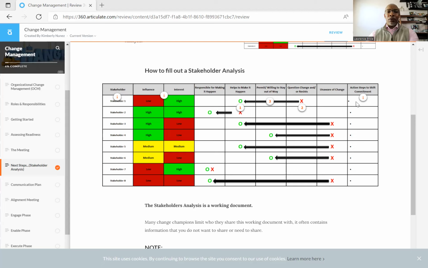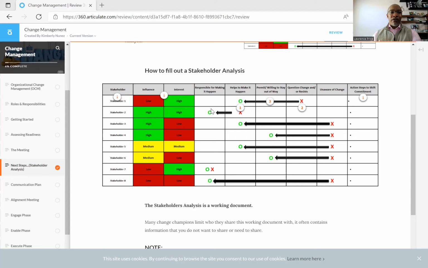A couple of things I want to highlight are possibilities that you might experience in the course of your projects. One is you may have some stakeholders that right off the bat are exactly where you need them to be. That's always a good thing, and you just want to make sure that you do some things to sustain it. It's not depicted here, but sometimes I've had examples where the X's and the O's were reversed, where I had a stakeholder who, when I first met them, said, man, I really feel responsible for making this happen.